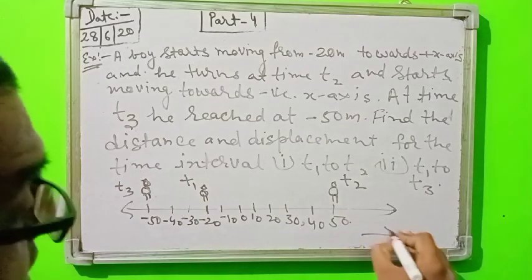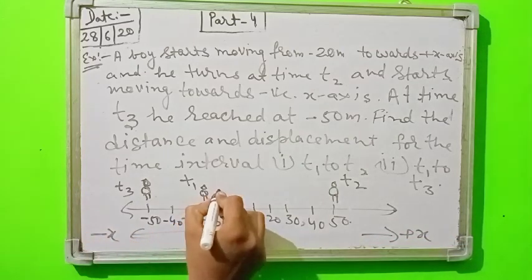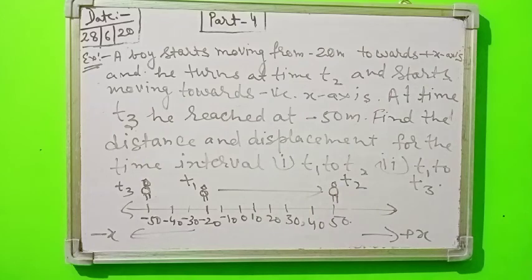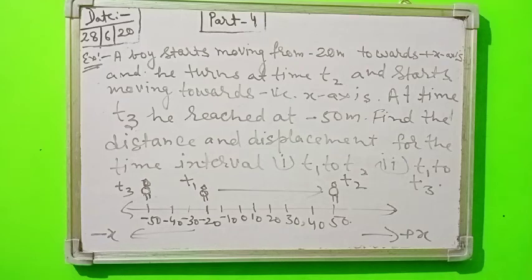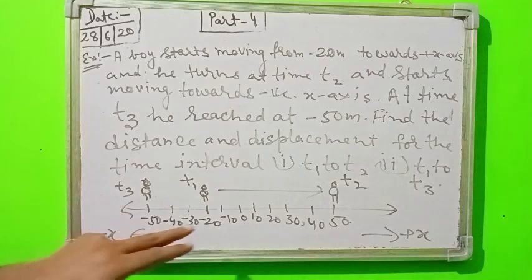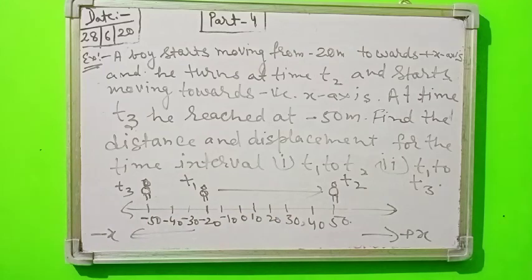This is the positive x-axis and this is the negative axis. First the boy travels from here to here. So find the distance and displacement. Distance is a scalar quantity, it need not do with positive or negative. So 20 plus 50, T1 to T2 distance is 70, and displacement is final position minus initial position.